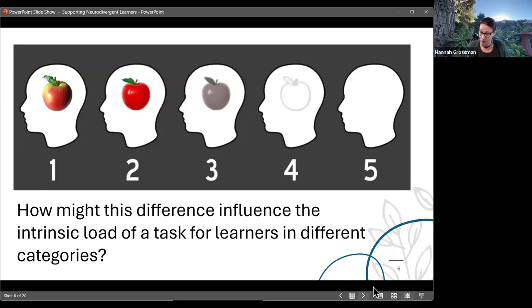If I was doing a task where I had to take a visual image in my head and rotate it to a different direction and imagine how it might fit in a different space with visual rotation, I might not be able to do that task really well because I can't hold that image in my head. It will change the intrinsic load of that task for me.